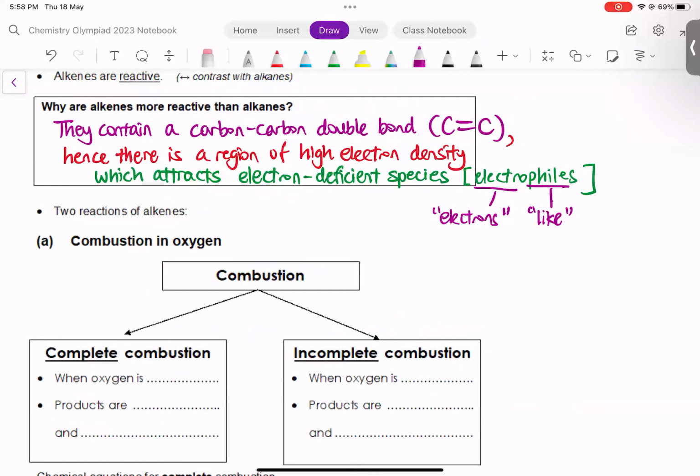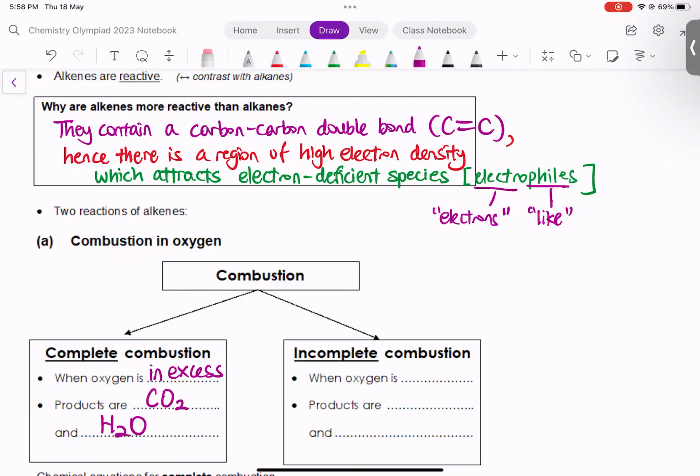Okay, so now we move on to the first type of reaction, which is combustion. Now, combustion, similar to combustion of alkanes. Combustion of alkenes, there are two types: complete combustion and incomplete combustion. Complete combustion is where oxygen is in excess. It's very plentiful. The only two products of complete combustion are CO2 and H2O, carbon dioxide and water.